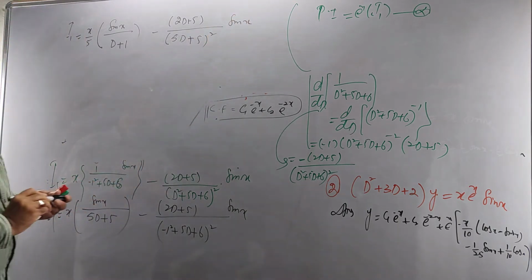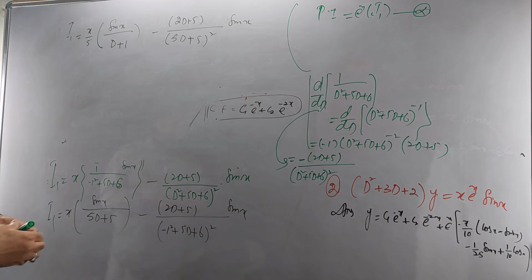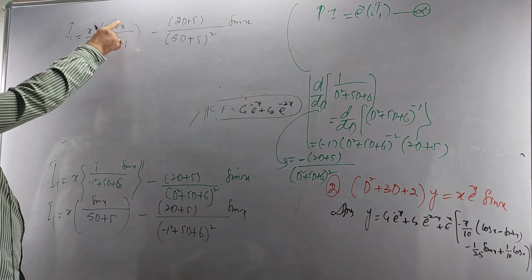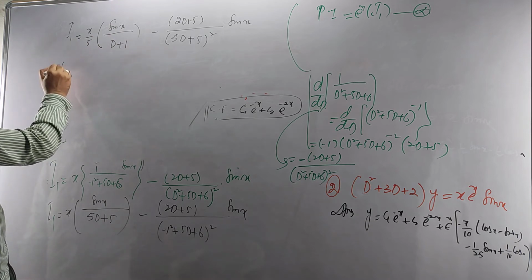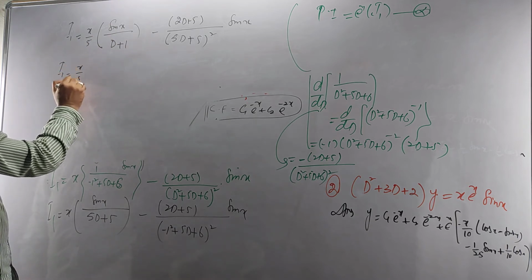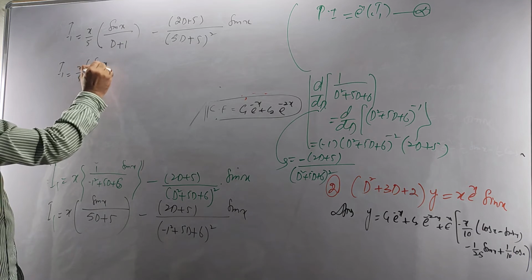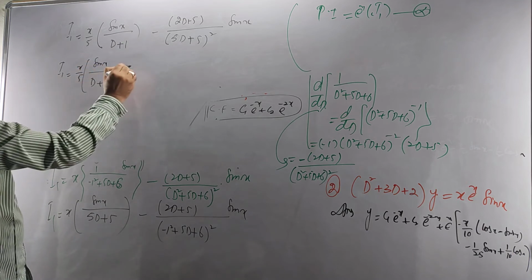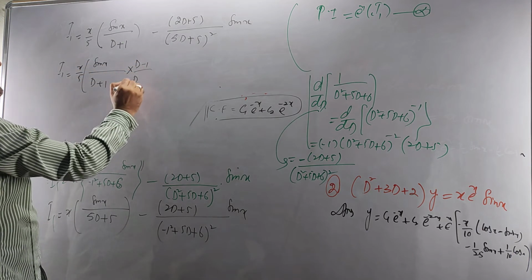I am simplifying this, be with me. Now here I need d square because of sine here. How do we do it? It is x by 5 sine x by d plus 1, rationalize: d minus 1 by d minus 1.